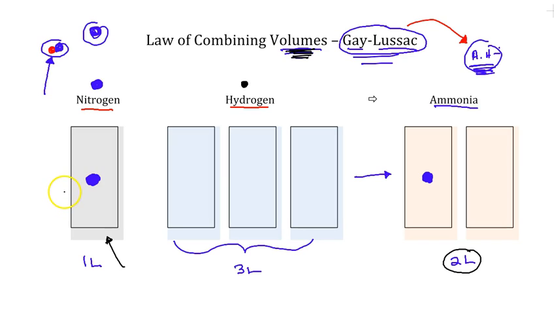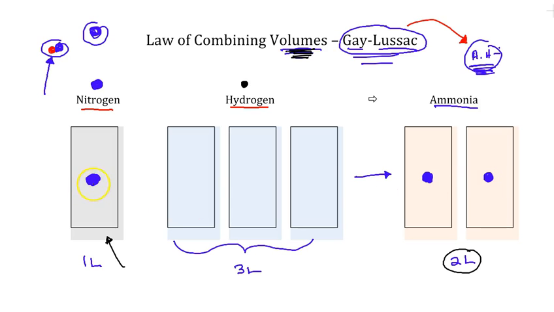What does that mean? That means we must need another nitrogen. Remember, an ammonia particle is nitrogen and hydrogen. If we have twice the volume, ammonia must be made with 1 nitrogen, at least 1 nitrogen.